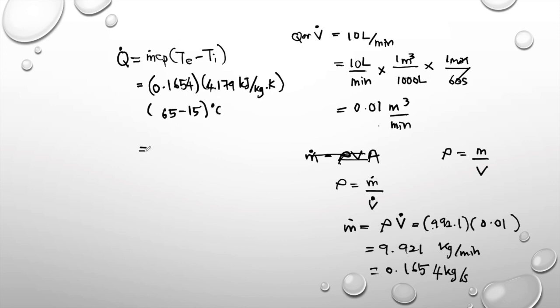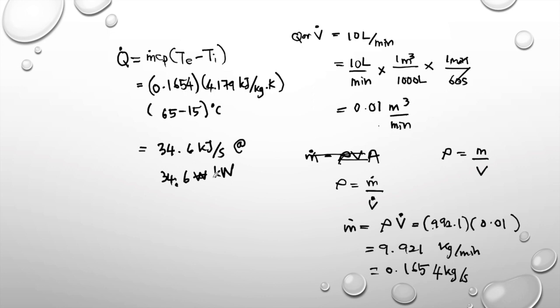So from here you will get your Q dot is 34.6 kilojoules per second, or 34.6 kilowatts. So this is the power rating for your electrical heater.